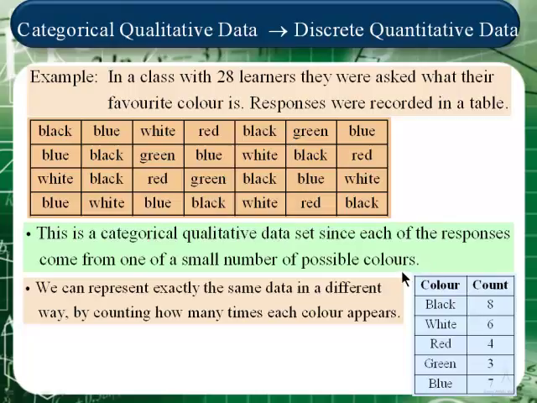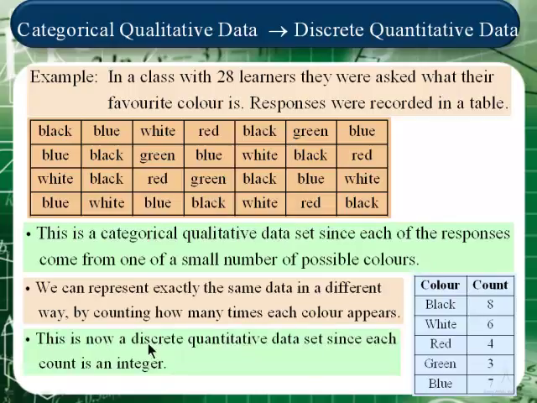Now we have changed the data, and this data is now discrete quantitative data, since each count of a color is represented by an integer.